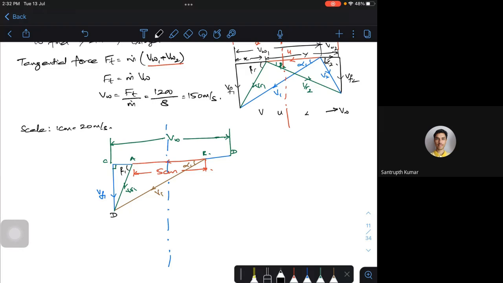Now I'm going to draw one more line. From this particular D, I'll draw a vertical line.